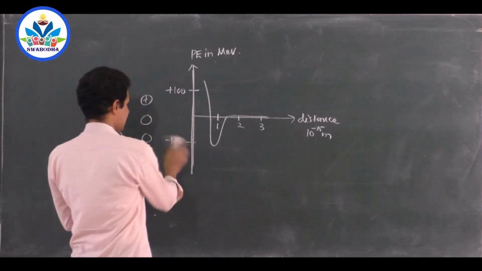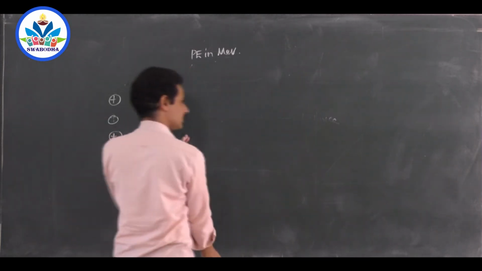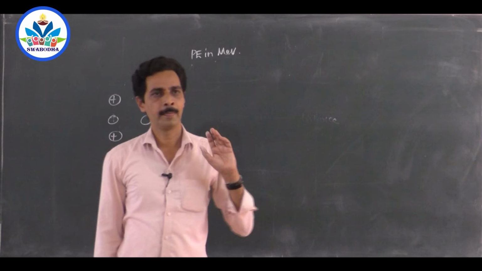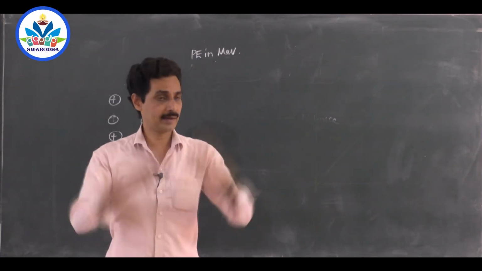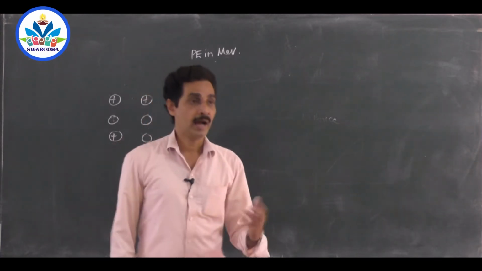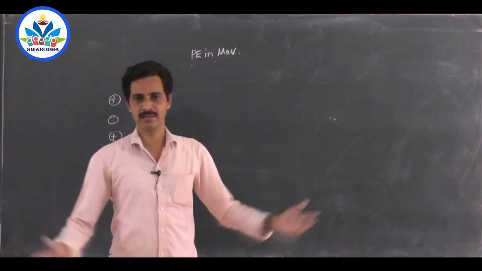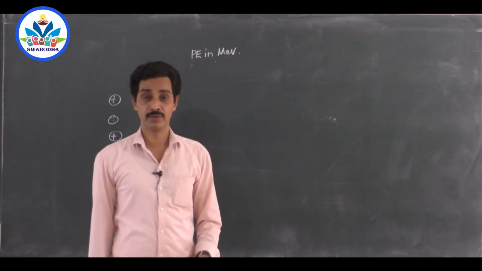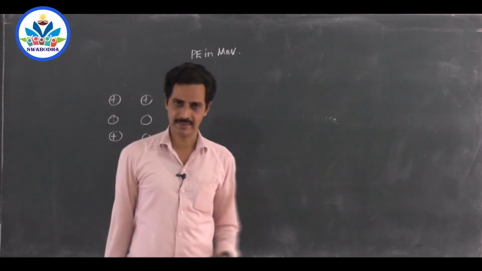Nuclear force is the strongest force in nature, and among its properties, it is attractive in the Fermi range, 10 to the power minus 15 meter, but it is a saturated force. One nucleon can attract only a few nucleons around it. It is a short range force, because it cannot exist outside the nucleus, and it is a charge independent force. It doesn't obey the inverse square law. It is uniform throughout the nucleus.